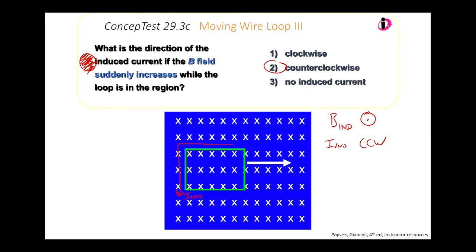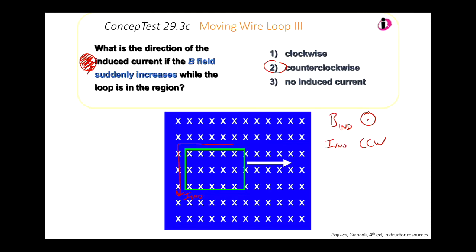Yes, question. In this particular right-hand rule, thumb is the direction of the magnetic field in the center of the loop, and fingers are the direction of the current around the loop. In this case, because the induced magnetic field is this way, my fingers tell me current goes counterclockwise.